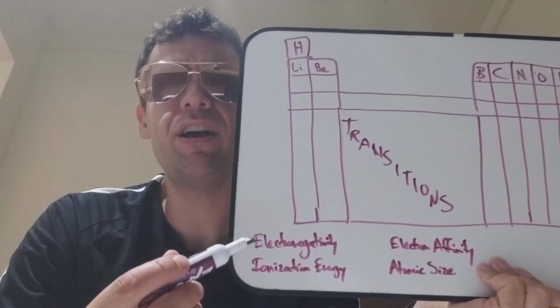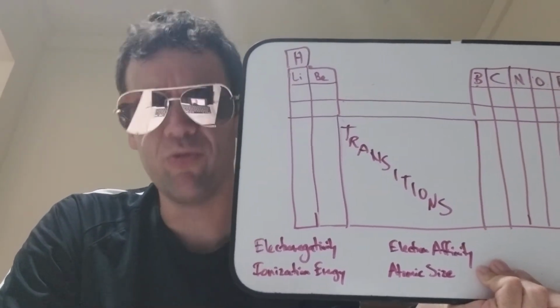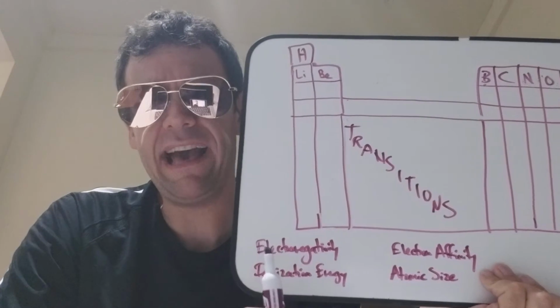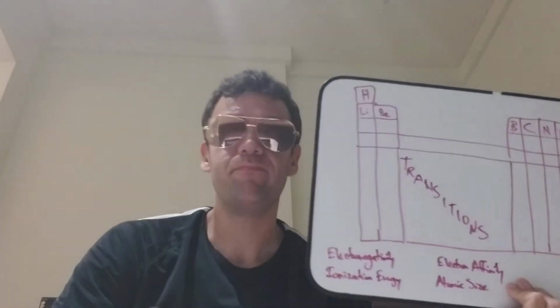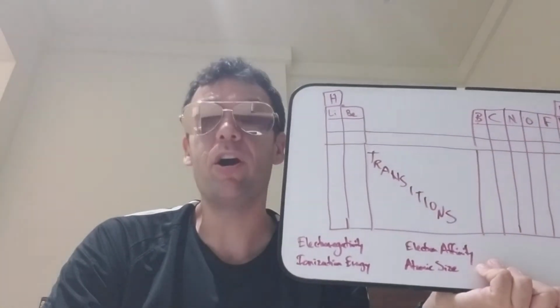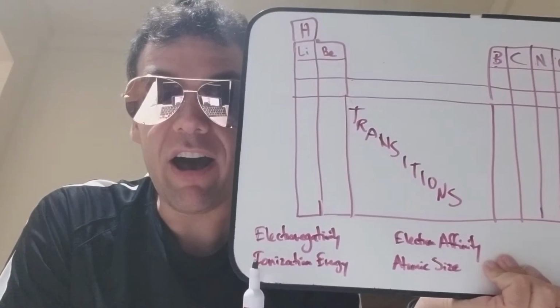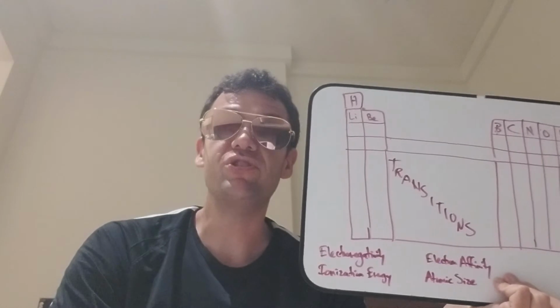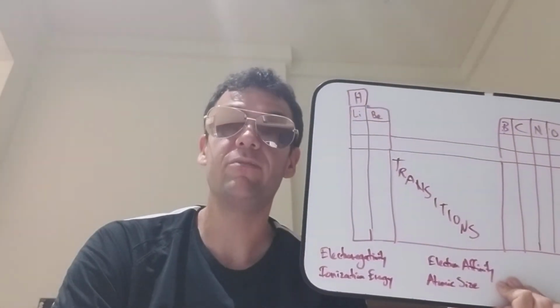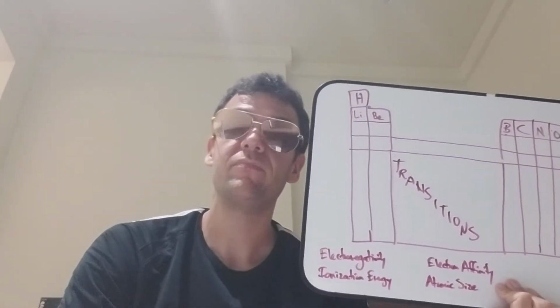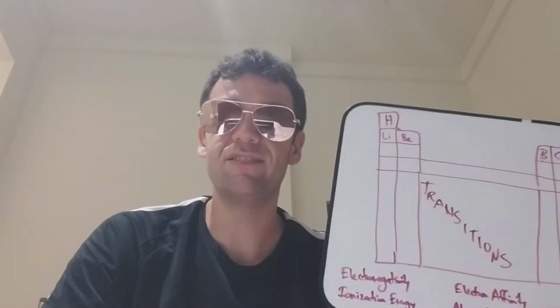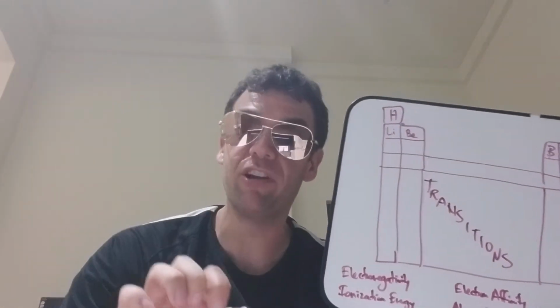Electronegativity is how, or to what degree does one atom attract electrons from other atoms. Okay. Ionization energy is the amount of energy required to forcibly make something an ion, which in most cases means to add or remove an electron from it.